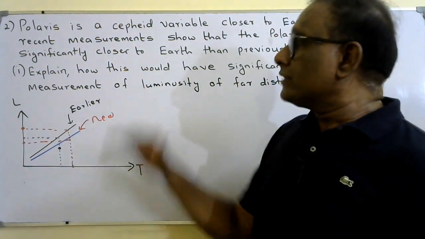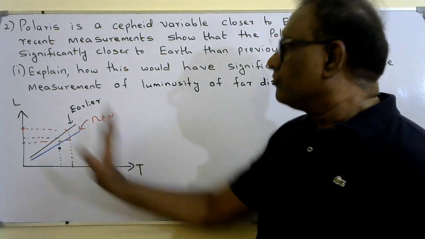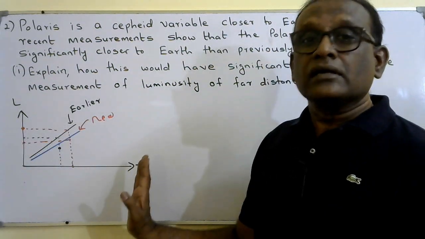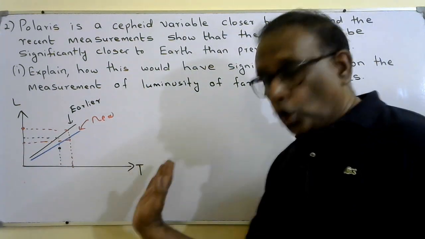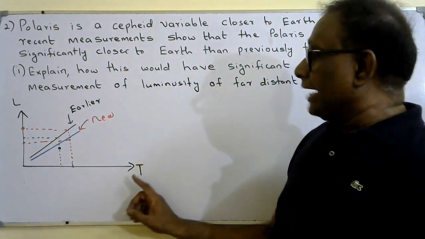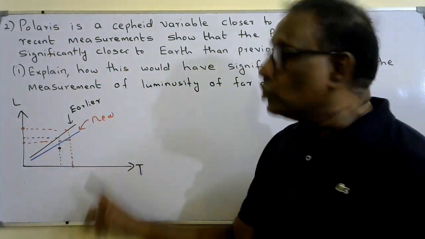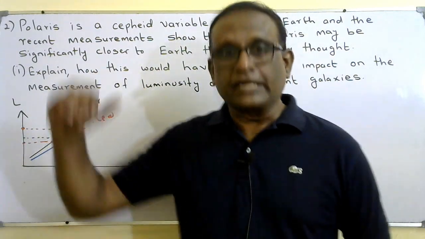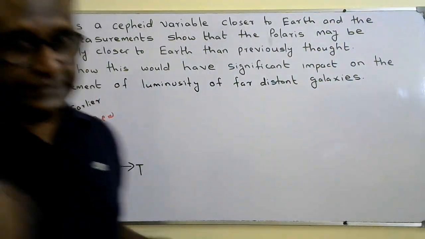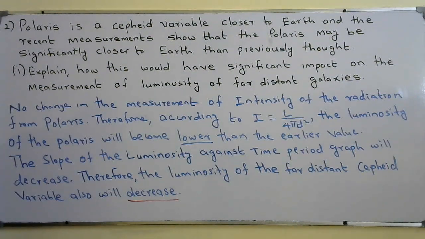When the luminosity of the Cepheid becomes smaller, the graph of luminosity against time will have a lower gradient. There is no change in the time period of the far distant Cepheid variable. Hence, its luminosity also will become lower than expected. Okay, this is the answer.